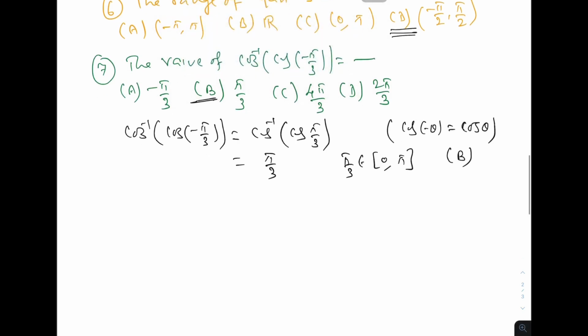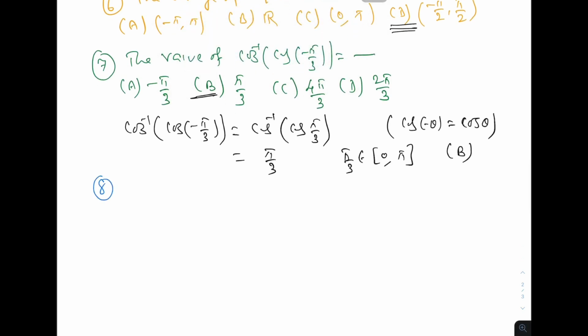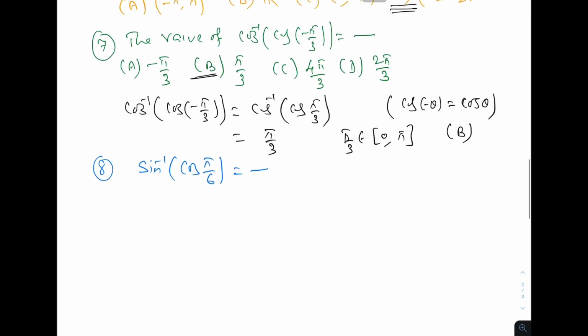Okay, let us take one more. Sine inverse cosine pi by 6 is blank. Options are pi by 6, pi by 3, pi by 2, 3 pi by 2.